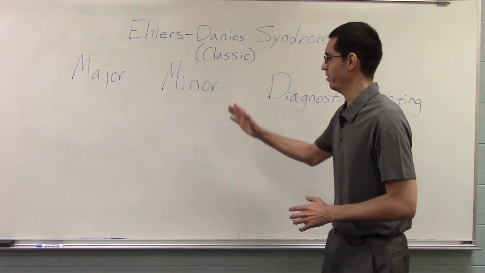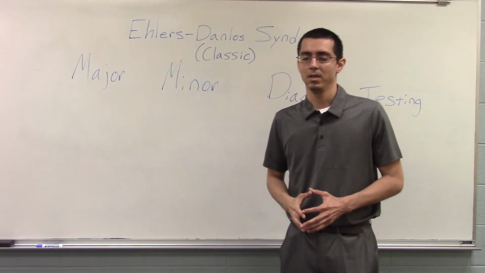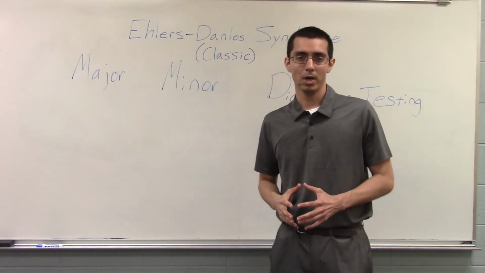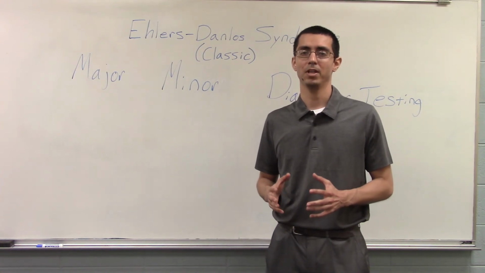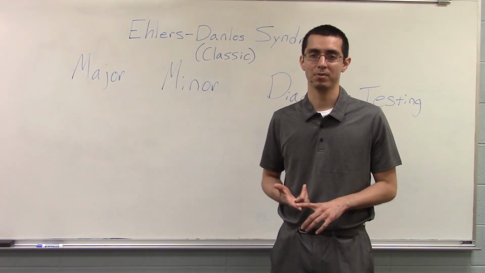The minor criteria for classic EDS are muscle hypotonia, developmental delay, hernias, anal prolapse.